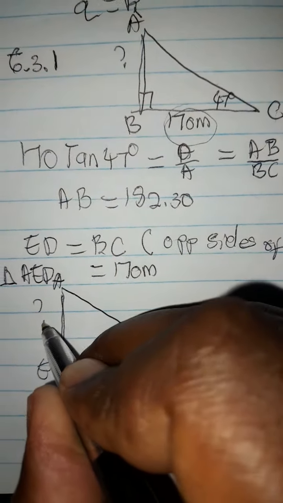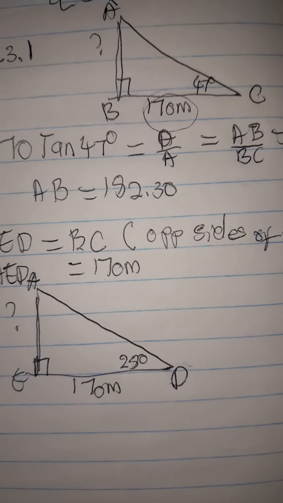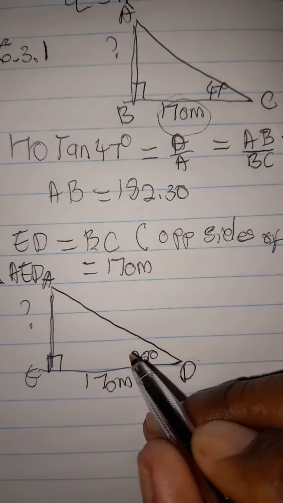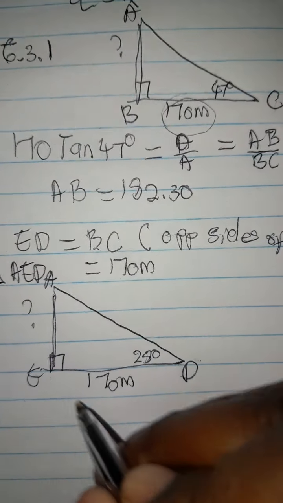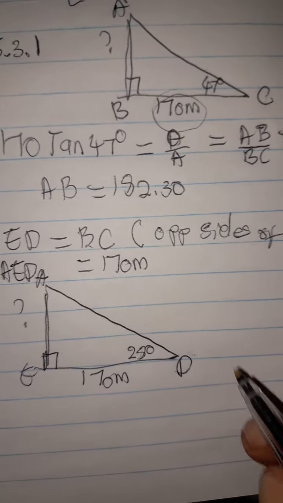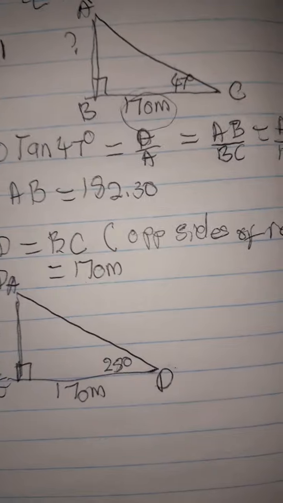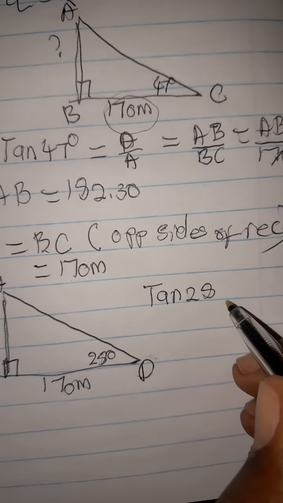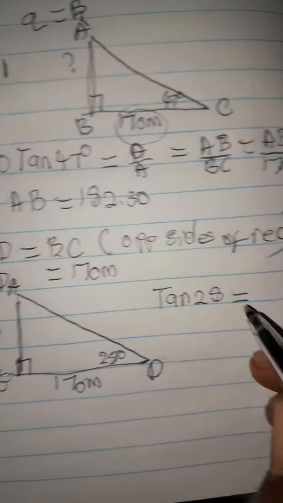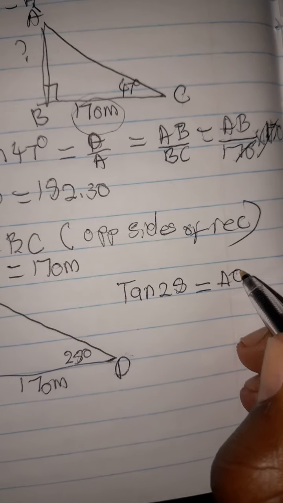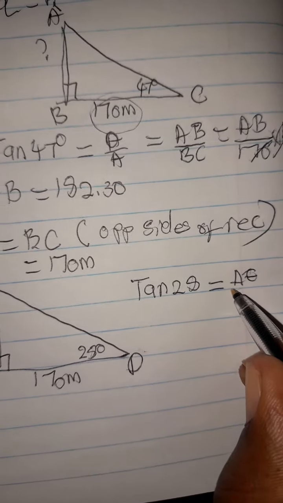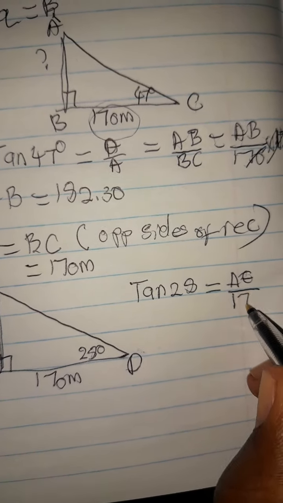We're looking for AE. Remember, at 6.3.1, they needed you to find AE. In this case, your opposite side will be AE, and your adjacent side will be 170. So we can use tan. It's going to be tan 28 equals the opposite side, which is AE, divided by the adjacent side, which is 170 here.